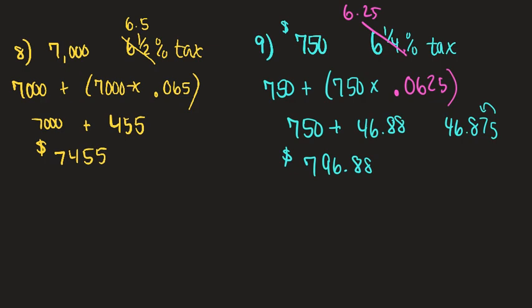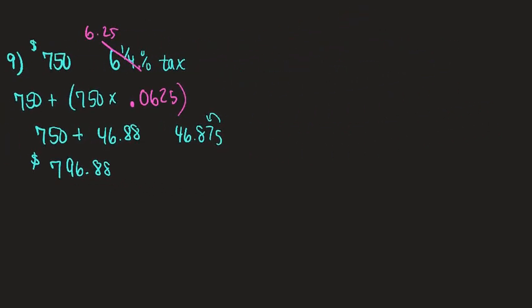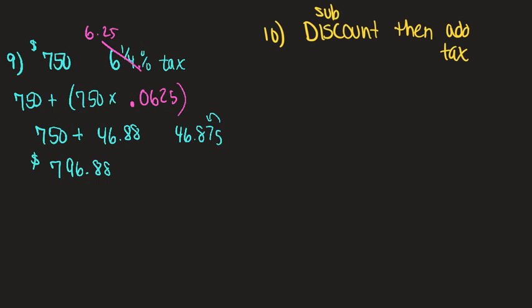All right, question 10. Let's do both sales tax and discount. This will be the last question of the video. When you do both, figure out your discount first, then add the tax. So subtract the discount first, then add the tax.